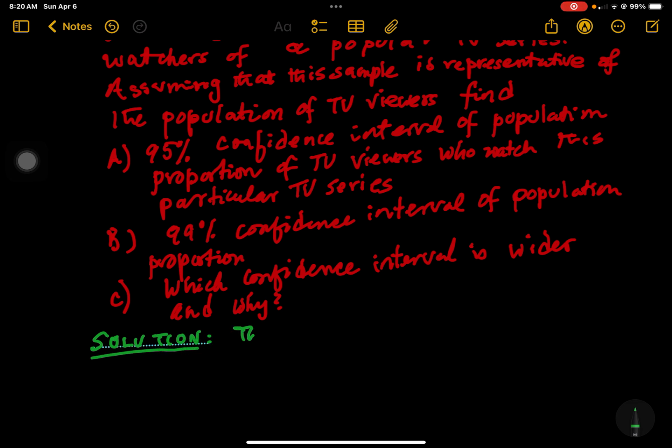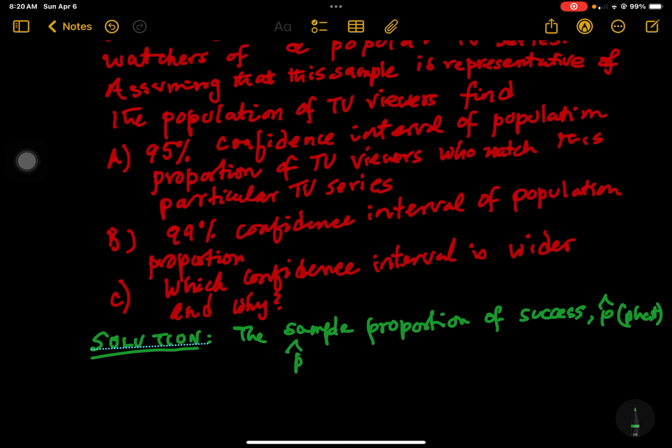The sample proportion of success is given as P hat, to be read as P hat. P hat is X over N, number of successes over sample size.